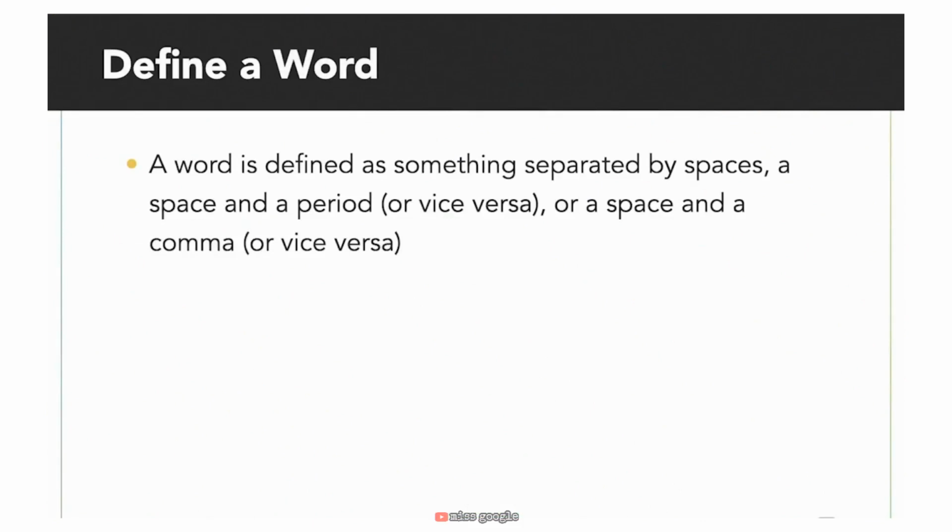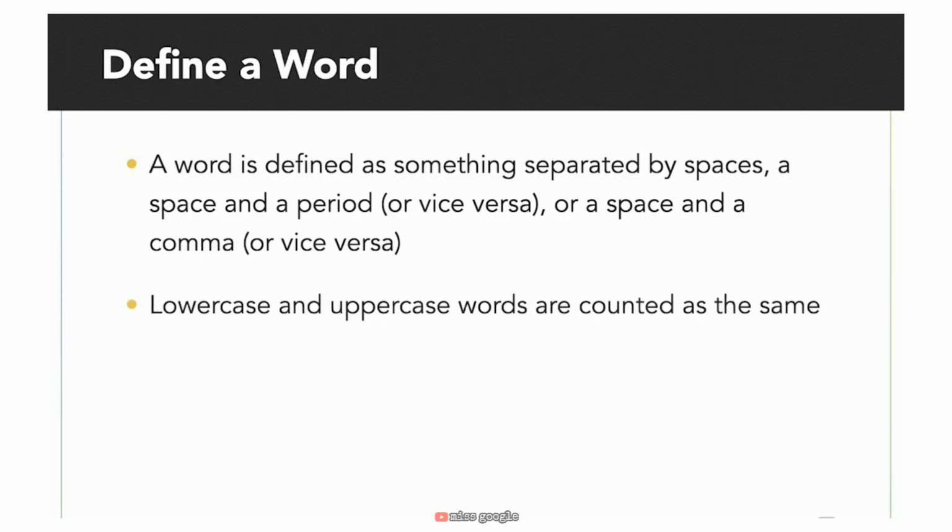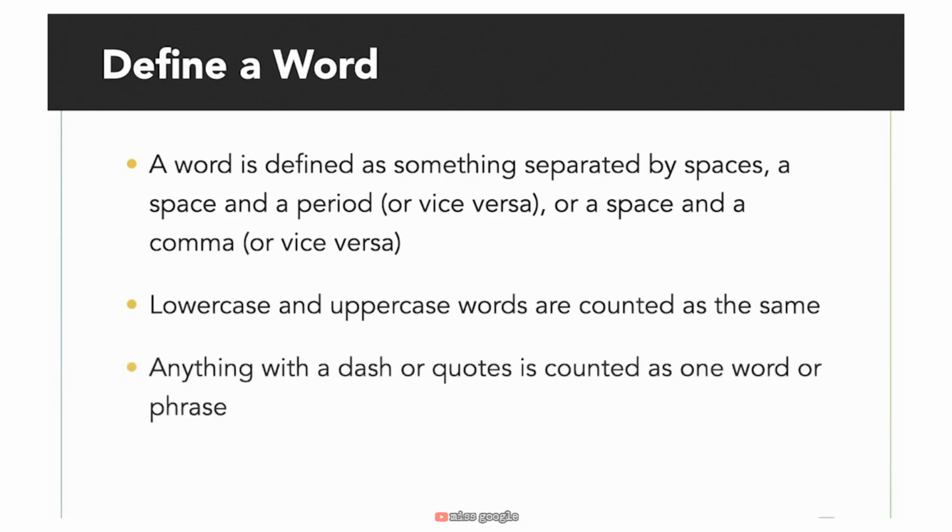In these text files, we'll only have periods and commas as punctuation, and they will not be counted as part of the word. Lowercase and uppercase words are counted as the same. Anything with a dash or quotes is counted as one word or phrase. You can find the sample text files in the exercise files of this course. This challenge will take around 45 minutes to complete. Good luck and have fun!